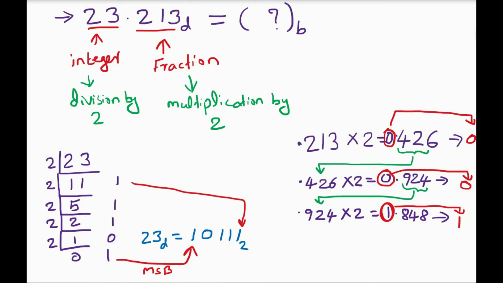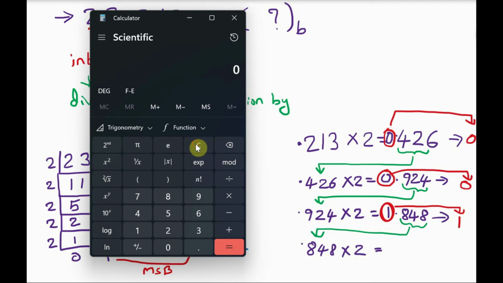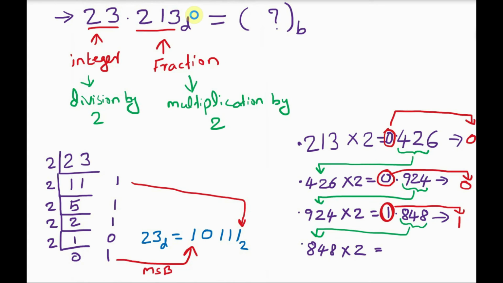Now again we have to take the fractional part, that is 0.704. 0.704 into 2 is equal to 1.408.